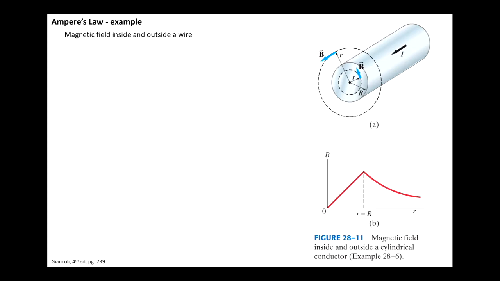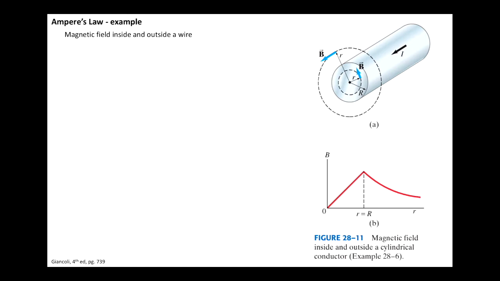Okay? So first of all, we've got the situation that you see on the top right. We have a wire. We are pretending this time that the wire, as it actually is, has some finite thickness. So instead of just saying there's a wire and we're outside of it, we're going to look at the thickness of the wire and assume that the current flows through a certain cross-sectional area.